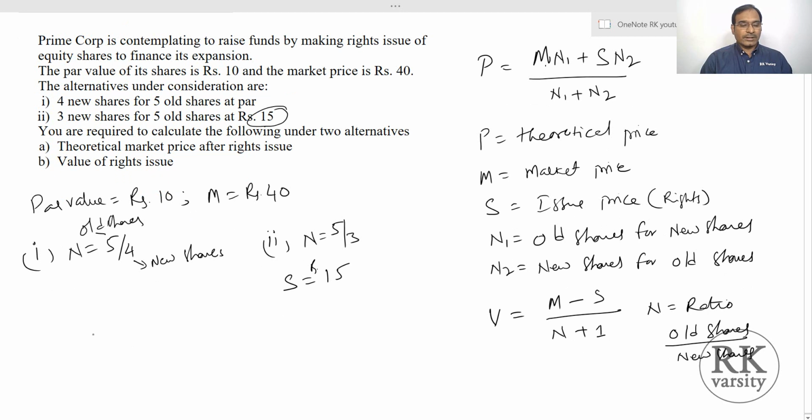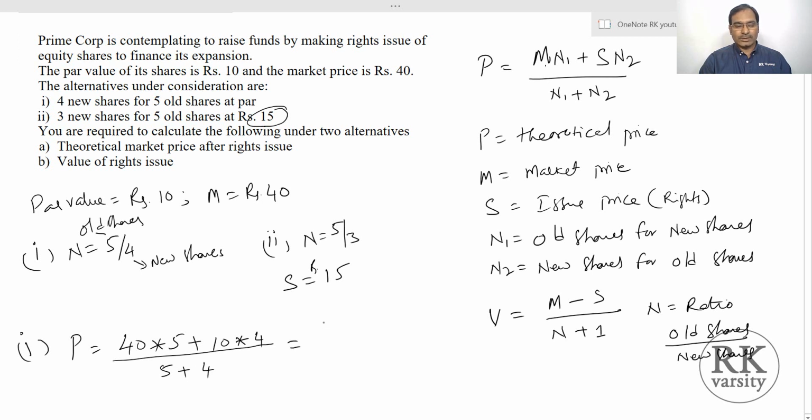So our theoretical price of rights issue is P equals M, the market price, which is 40, times N, old shares, that is 5, plus S1. In the first option, S1 is par value, that is 10, times how many new shares? 4. Then this upon N1 old shares 5 plus new shares 4.